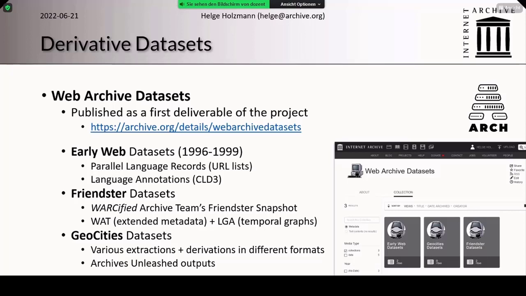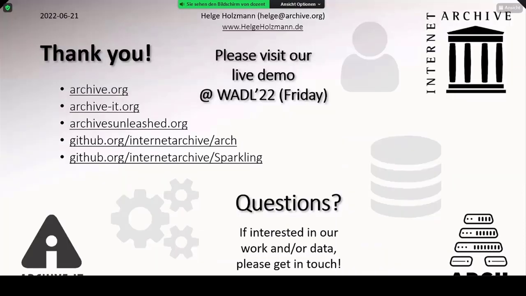And we generated language annotations for those all by ourselves and all freely available. So please take a look. There's a Friendster dataset, and there are multiple GeoCities datasets, actually based on the old GeoCities, if you remember Yahoo's GeoCities. Multiple derivations of that one.